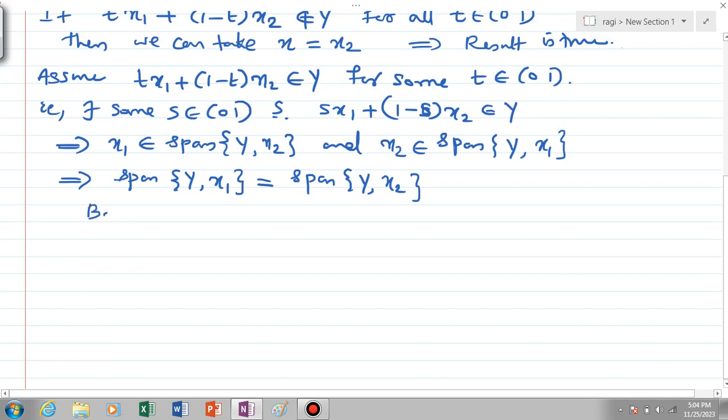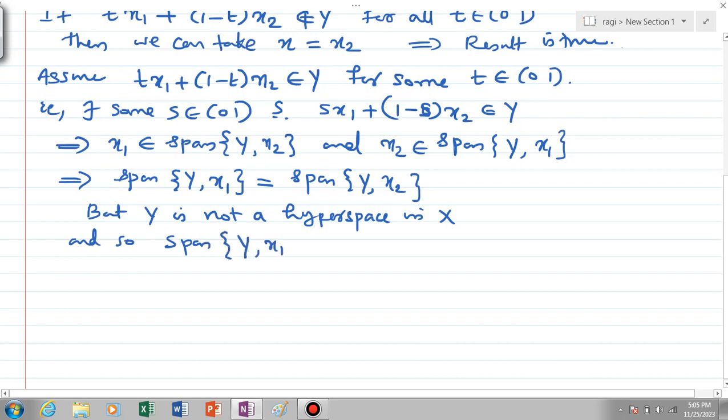But we know that Y is not a hyperspace in X, and so we can write that span of {Y, x1} is not equal to X. This is true since Y is not a hyperspace.